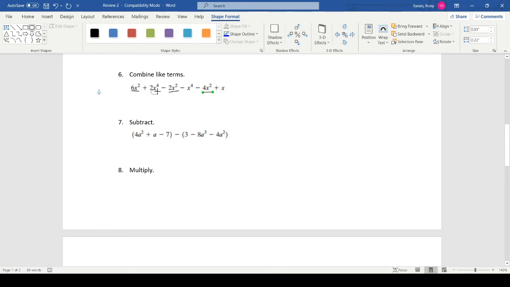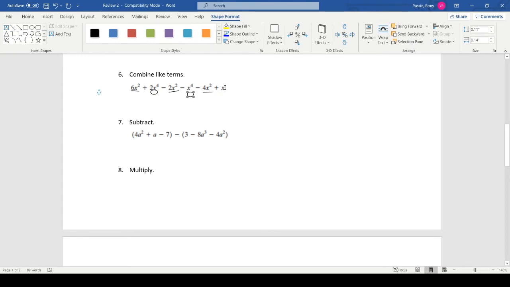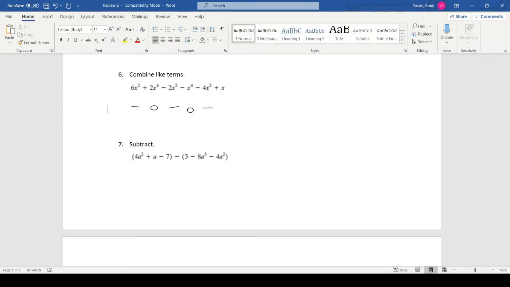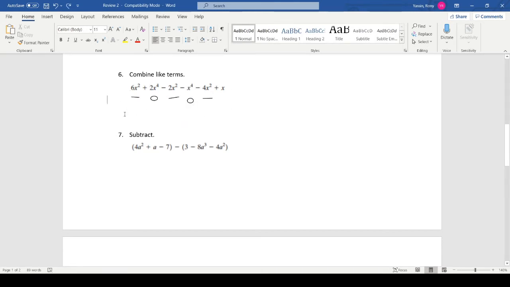So I'll just use this to identify it as something different. Then what else do we have? Well, we also have x to the fourth, and then nothing else, right? And at the very end, we have an x. Okay, so we've identified all these similar terms, or the like terms.